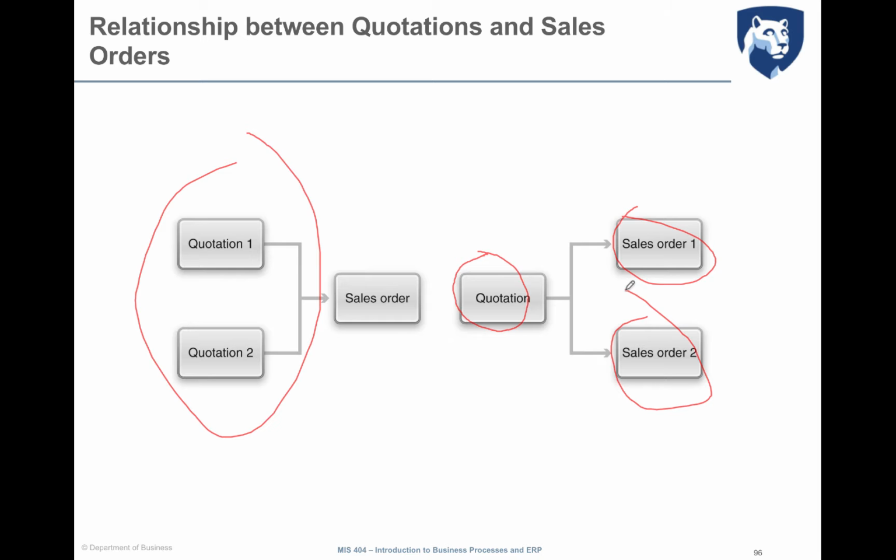You have different quotations coming from different customers, which need to be transformed into sales orders, and according to the case, you need to understand if you can bundle some quotations or separate them, or bundle sales orders or separate sales orders. This puts in your system a complexity in terms of data managed which is very relevant.